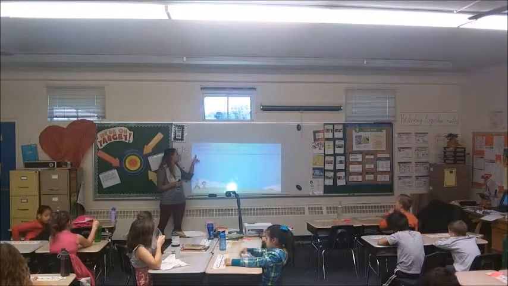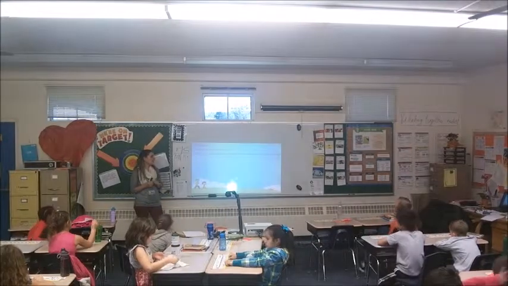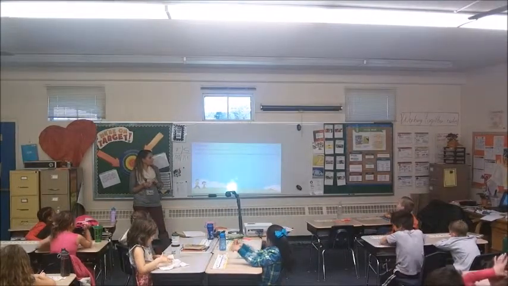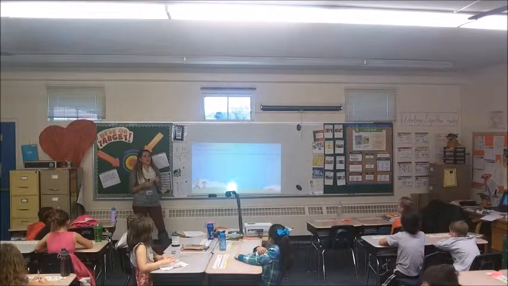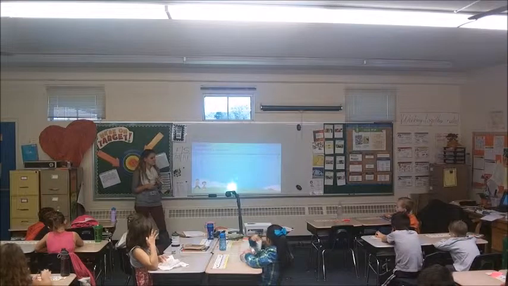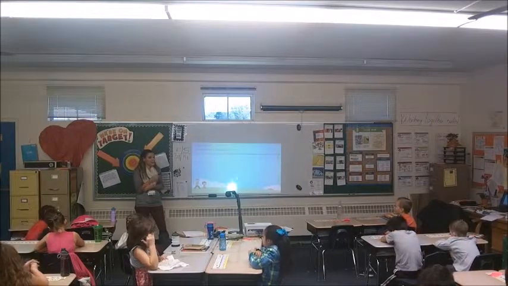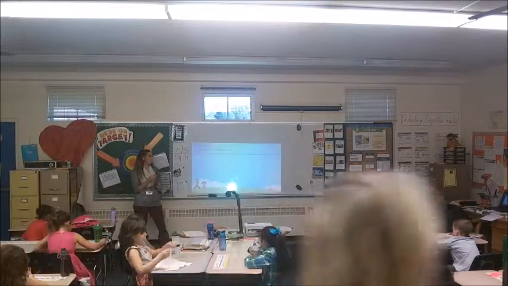So repeat after me: when a long vowel sound is at the end of a word, drop the E, then add ED or ING. A saying that will help you with that is: silent E, drop it please.